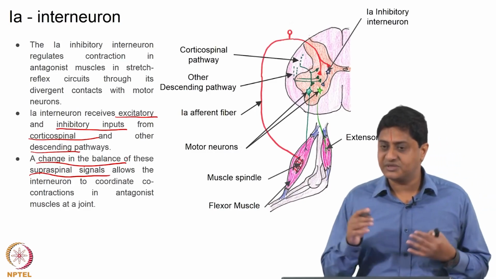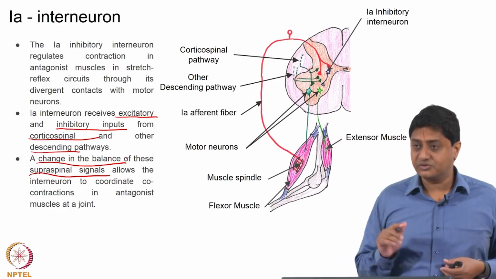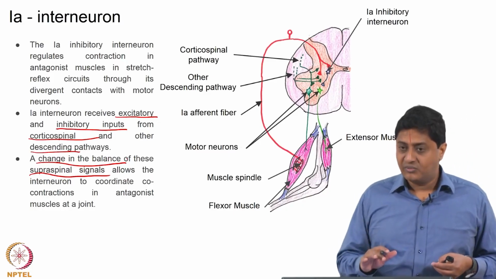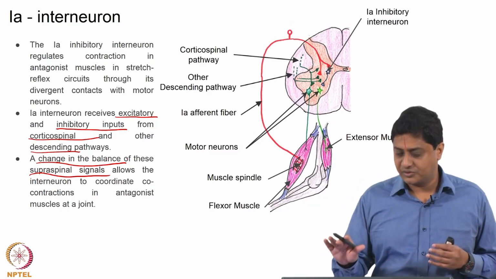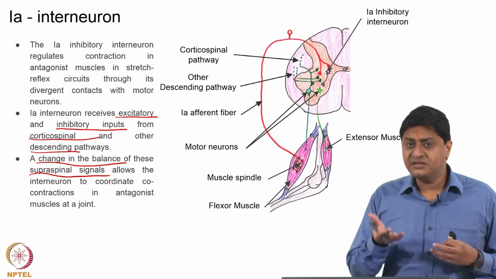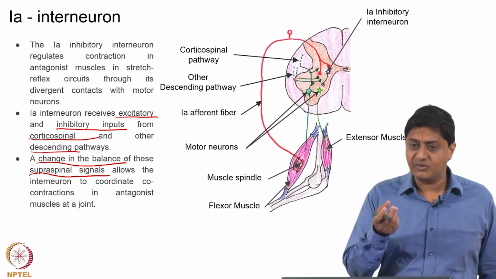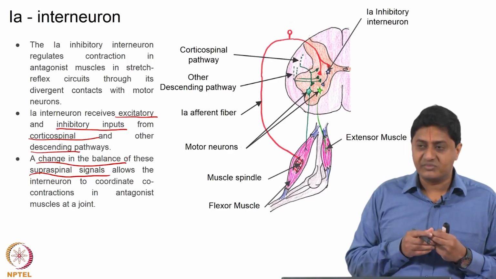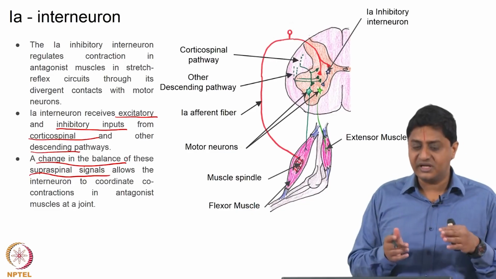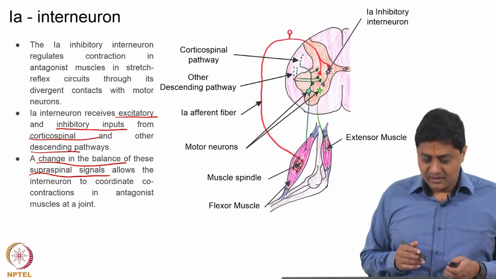By the way, monoaminergic inputs go to the motor neuronal pool, but the motor neuronal pool itself is inhibited by 1A inhibitory interneurons. So depending on where the equilibrium settles at a given point in time, the response will be determined.